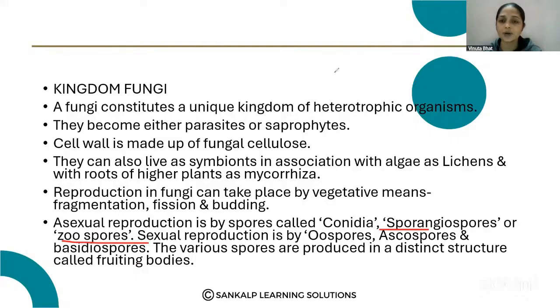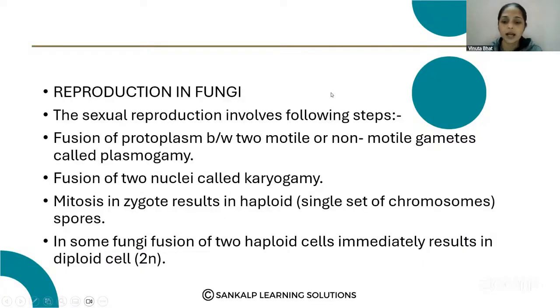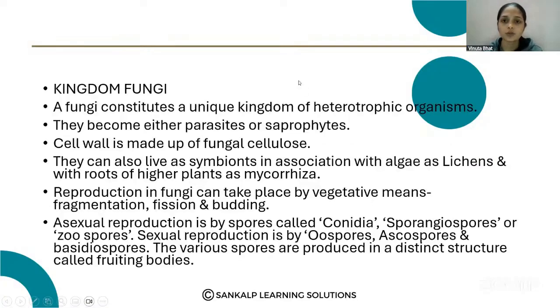Conidia are formed exogenously on the hyphae. In fungi, the filamentous structure may be septate or aseptate, and that is called the hypha.